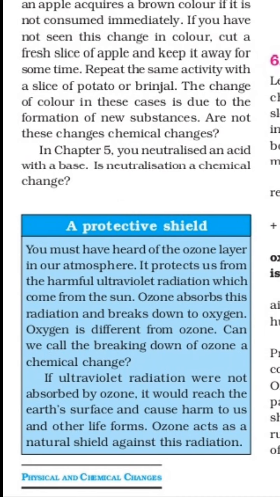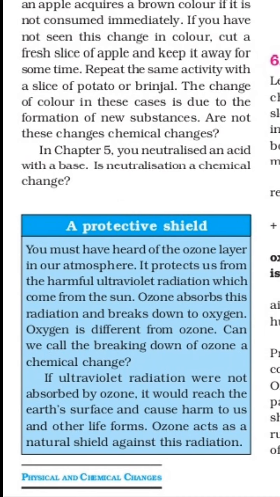If ultraviolet radiation were not absorbed by ozone, it would reach the earth's surface and cause harm to us and other life forms. Ozone acts as a natural shield against this radiation, and these ultraviolet radiations are absorbed by the ozone layer.